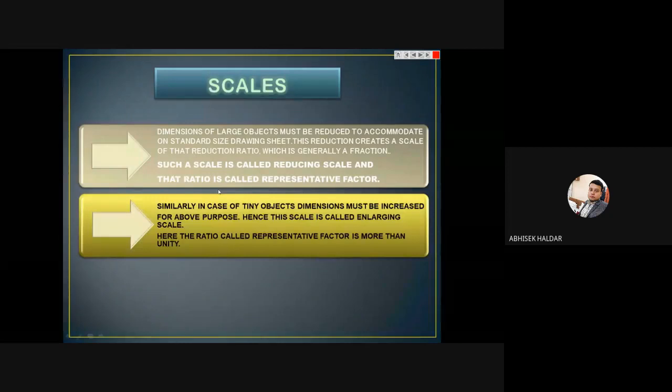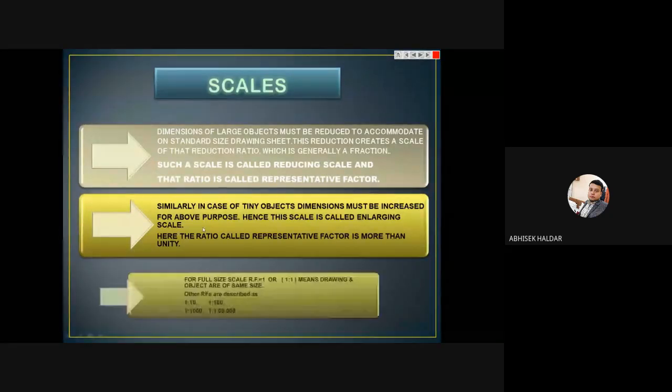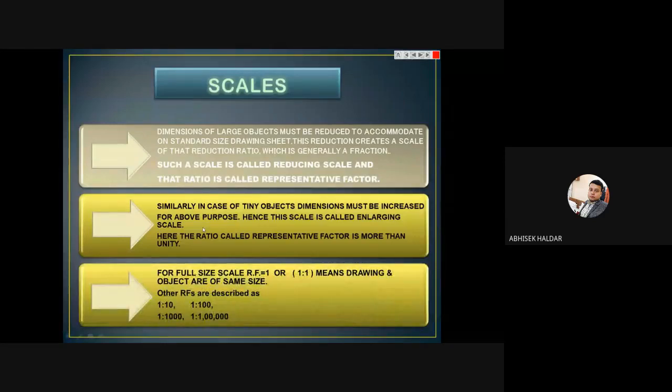If I am reducing the dimension of any object for my drawing purpose, that type of scale is known as a reducing scale. As you don't know the definition of the representative factor, you cannot understand these ratios. Let me tell you first what the representative factor is, then I'm coming to the ratio point of view.